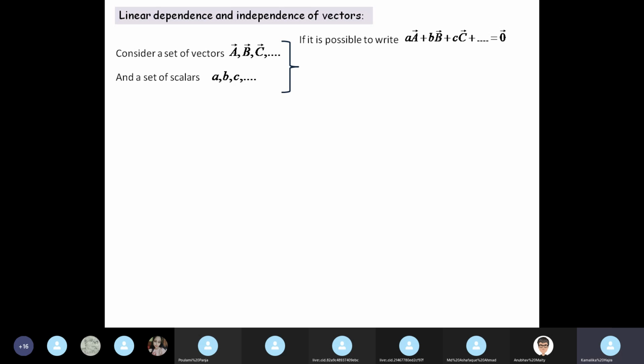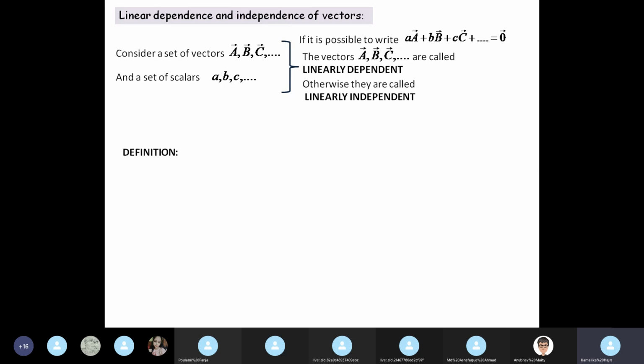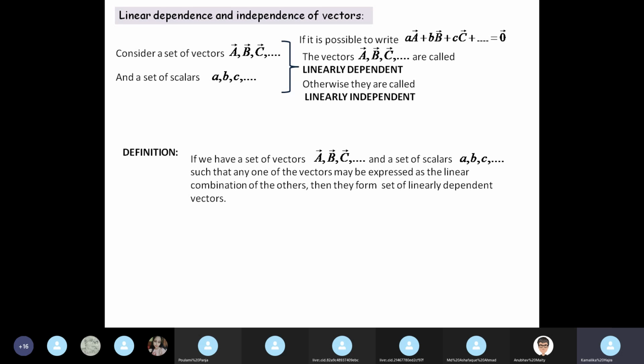If it is possible to write this kind of a relation, then we say the vectors are linearly dependent. If it cannot be written, they are called linearly independent. So this is the definition of linear dependence or independence.